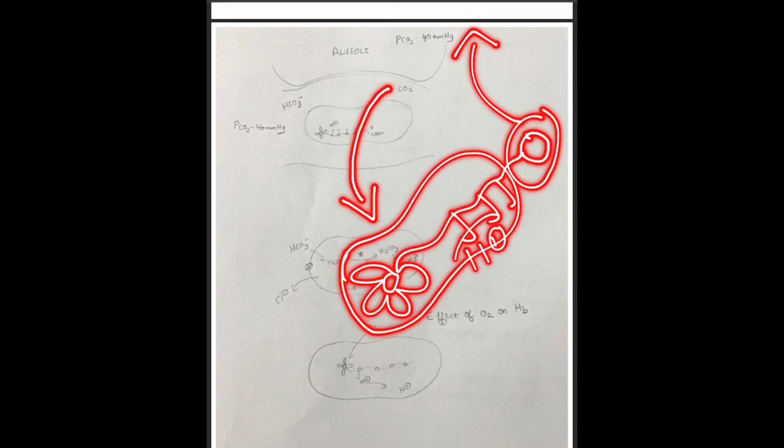These hydrogen ions also will move outside. Move outside means they will move separately, but inside the RBCs, they will be present inside the RBCs. They are no more attached within the hooks. So this effect of oxygen on hemoglobin is known as Haldane effect.